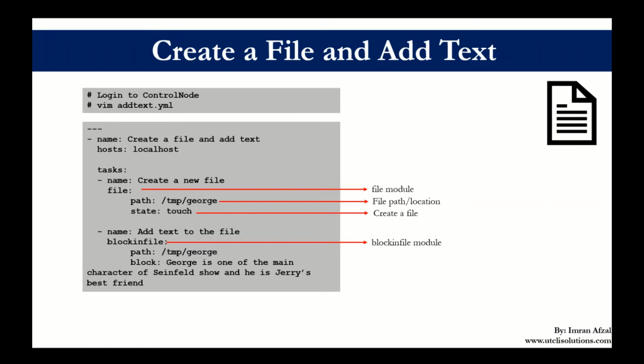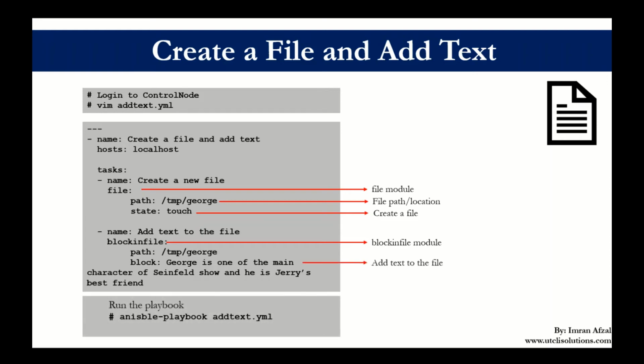All right, so these are the two tasks that we want to create in the playbook. Then, of course, add text to the file, then we run the Ansible playbook, and it will create the file and add text. So let's go into our control node and let's create the file, which by the way, I have already created for you to save some time, and we'll go over it and then we'll run it.